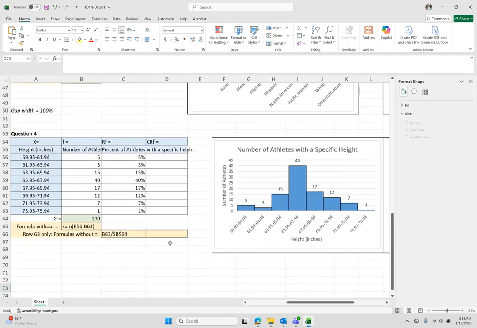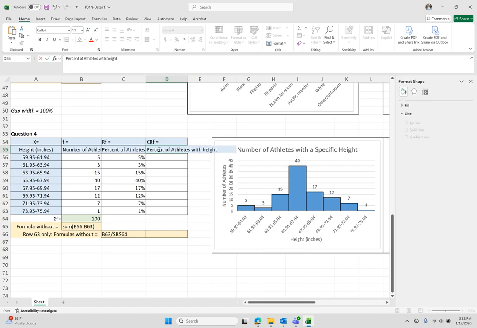Okay, cumulative frequency. What is a cumulative frequency? A cumulative frequency is when you accumulate data values in a bucket, and that bucket of values includes everything you have seen before, prior, plus your current category. So a cumulative relative frequency is % of athletes with height at most, let's say with height less than or equal to the current group.